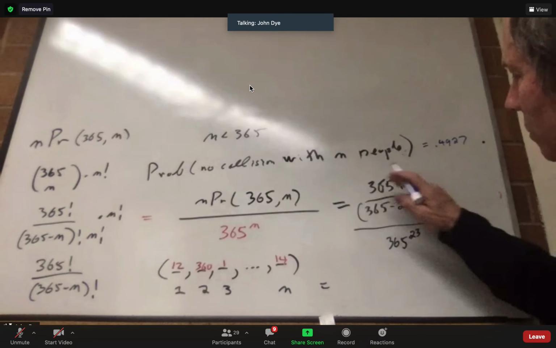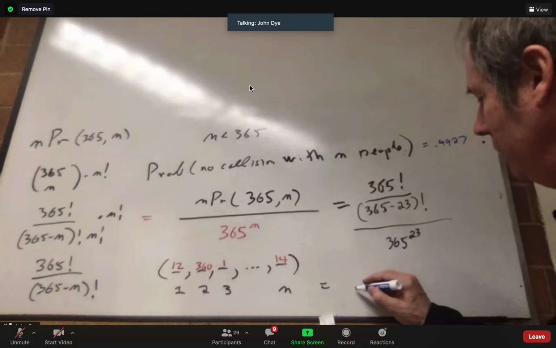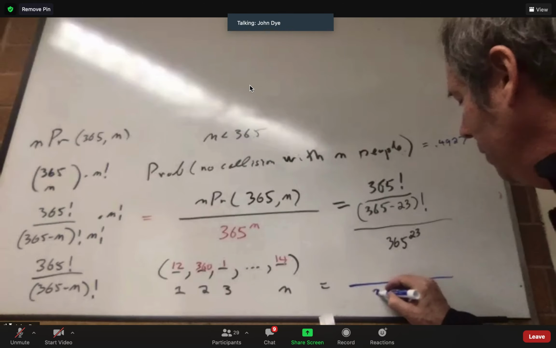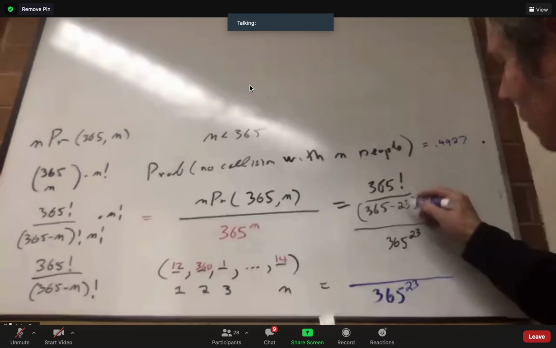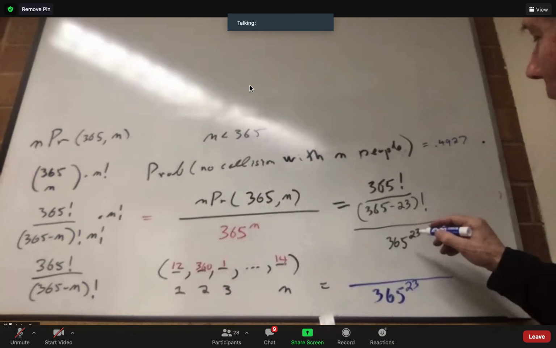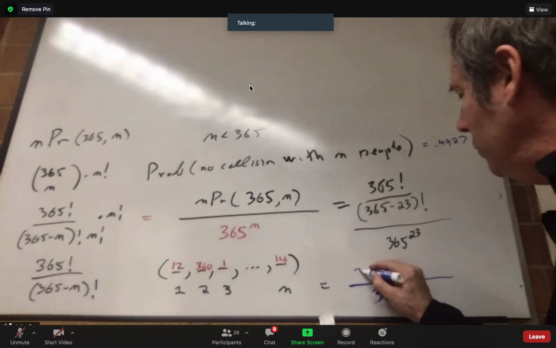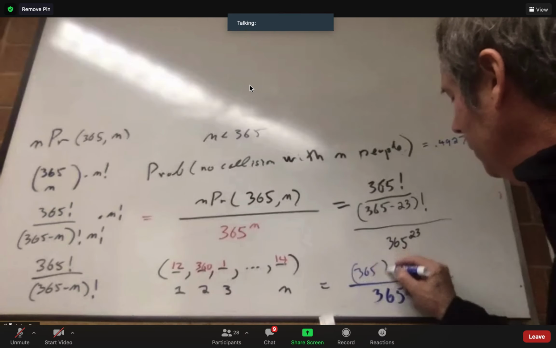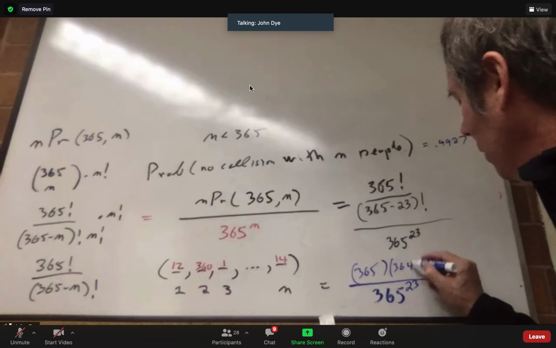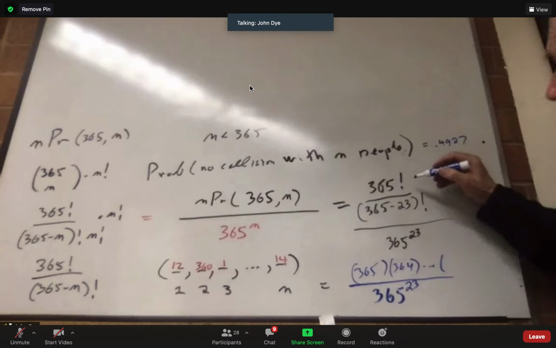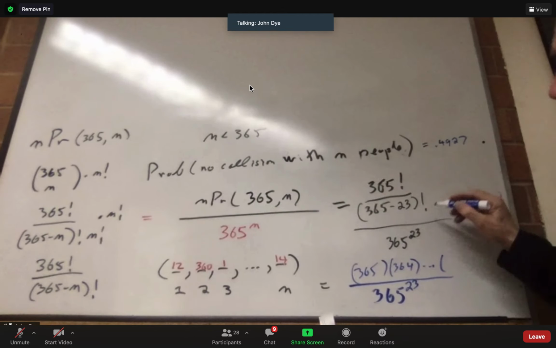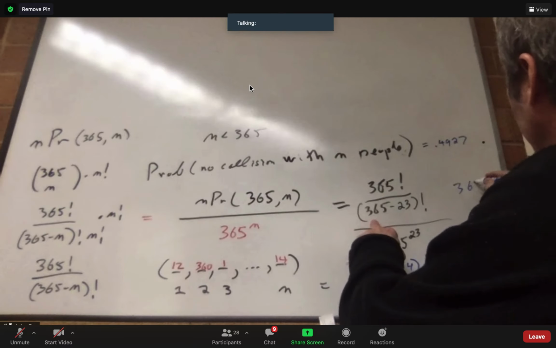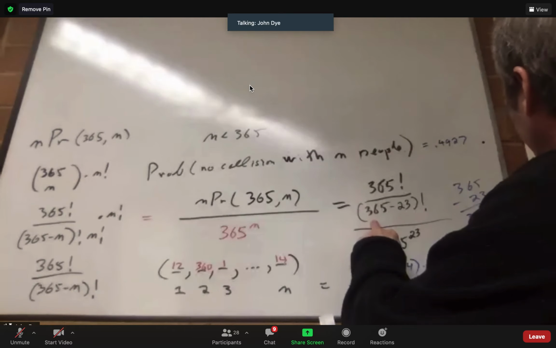But can we just double check this here? So what exactly are we calculating? I know this is not a class in numerical analysis, but could you tell me what's going on here? So it's 365, 364, and it goes down to what? Once you get to 365 minus 23, we get down to 342.